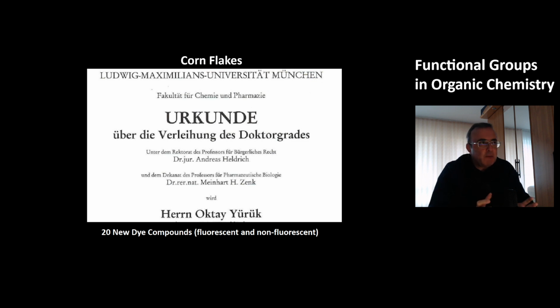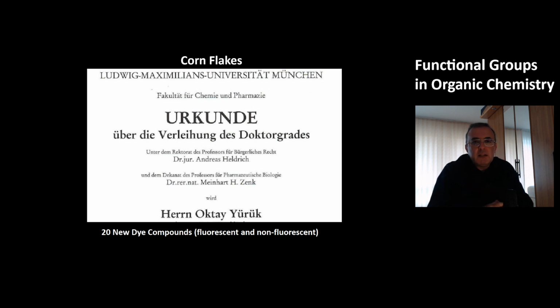My original plan was to make fluorescent dye molecules, but in the end only half of these molecules were fluorescent. The other half were non-fluorescent molecules, normal dye molecules. And the interesting thing is the scientifically most valuable molecules were among this second group of non-fluorescent compounds, because most of these compounds had a functional group.